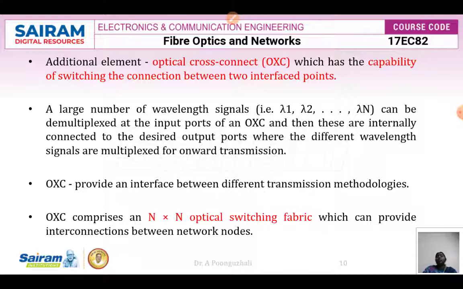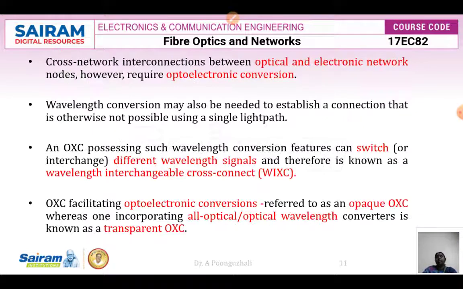The optical cross connect comprises an n cross n optical switching fabric. When it comprises an n cross n optical switching fabric, it provides an interconnection between the network nodes. The cross network connections between the optical and the electronic network nodes require optoelectronic conversion.